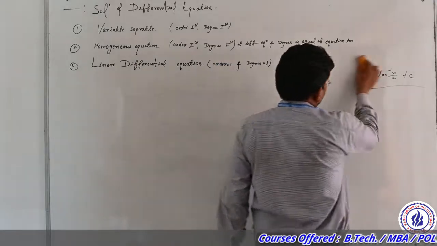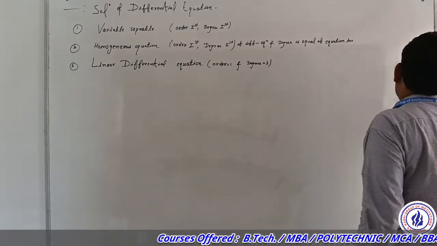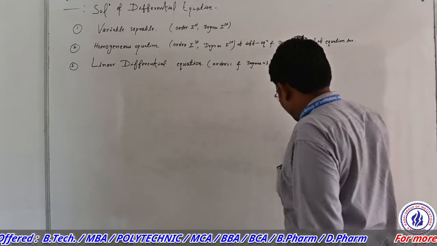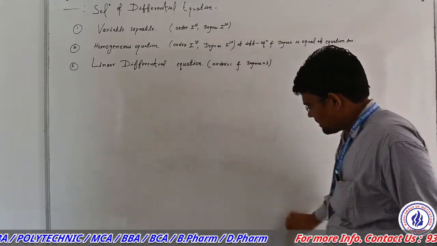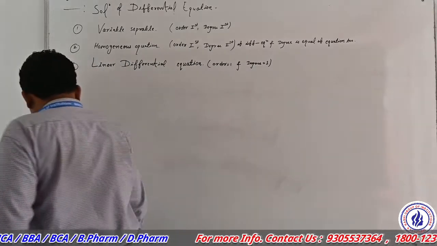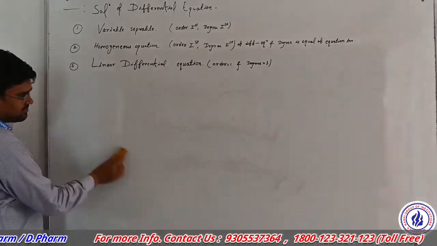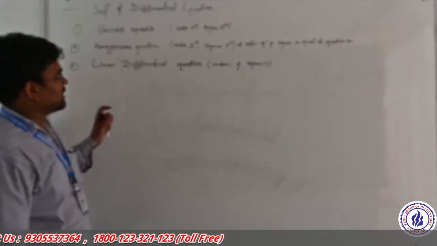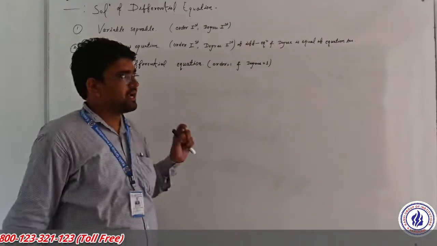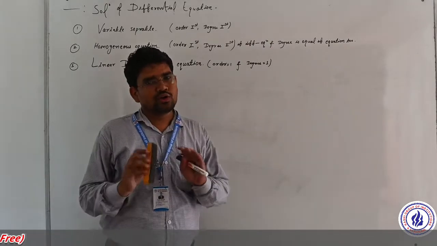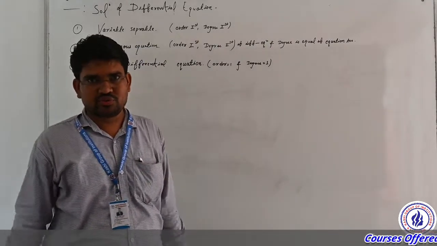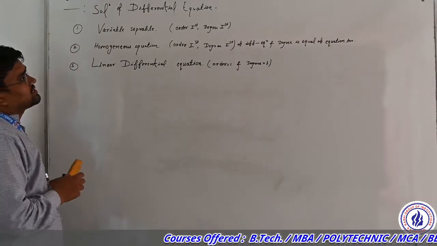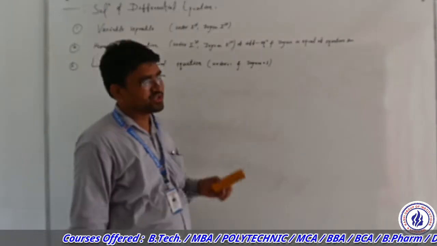You were already introduced to these points in your earlier class. Some of you are very clear and some are confused about them. If you have no idea about its key point, you are always confused. So for a homogeneous equation, we see that the order is first and the degree is first.